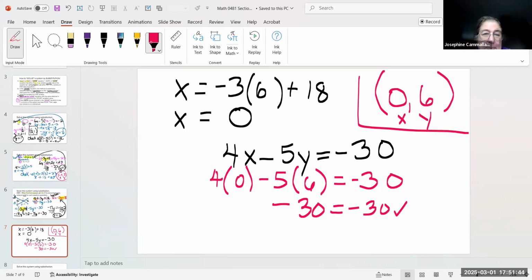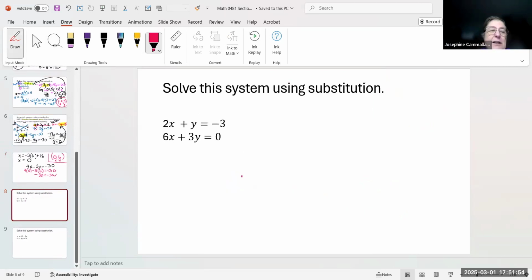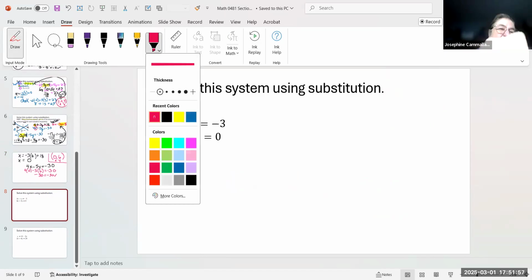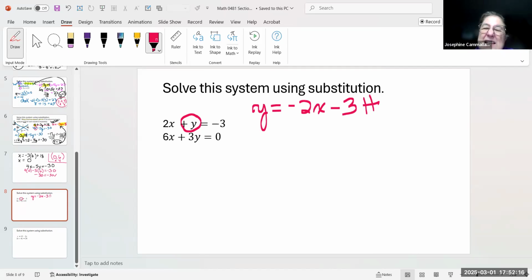Very simple. Okay. But there's a couple of special cases that I want to do with you just to make sure you understand. Okay, right here. This y is not by itself, but I can get it by itself, which means y is equal to negative 2x minus 3. This is my home equation.